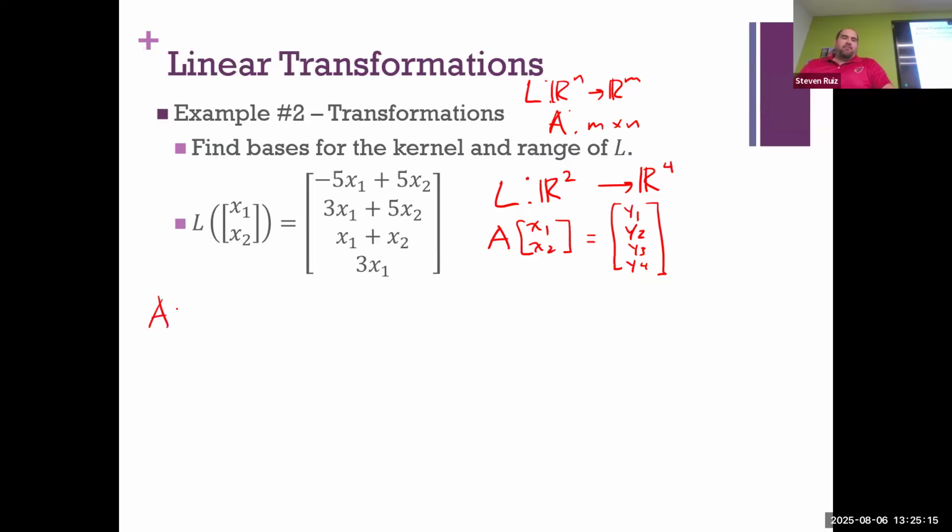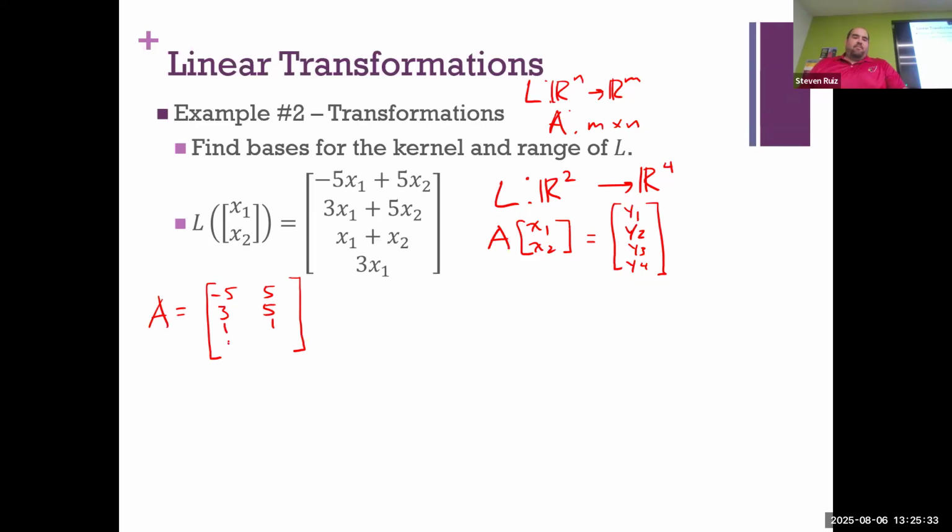Can we write that matrix now, knowing that it is a 4-row, 2-column object? What is it? Negative 5, 5, 5, 1, 3, 0. Where did all that stuff come from?